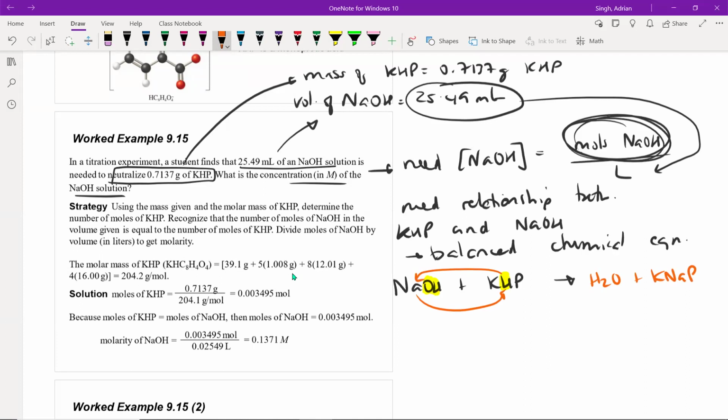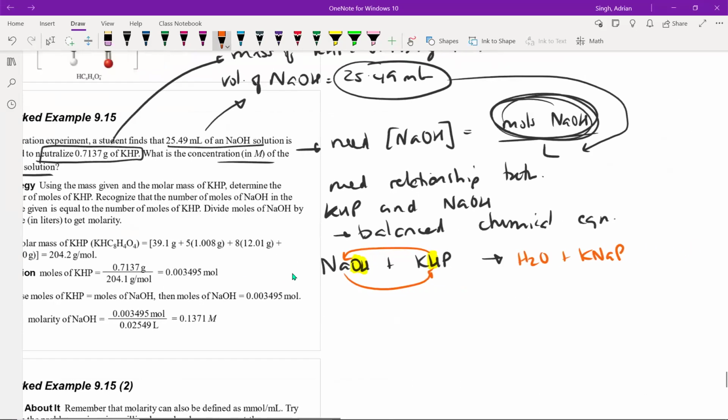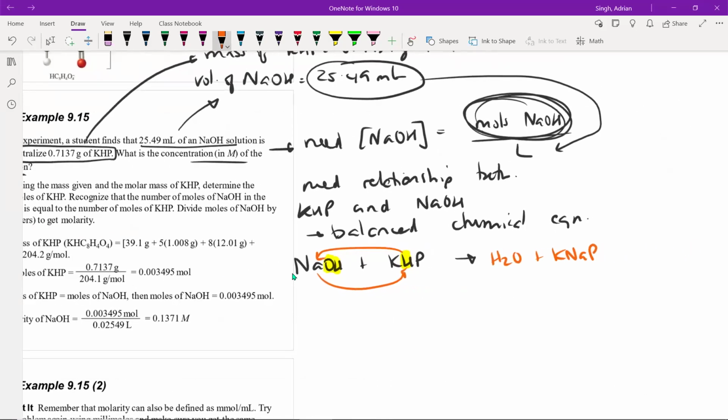Right, so we need to have our equation, and we need to make sure it's balanced. So this is going to be our salt and water. And this is already balanced. We don't need to balance it any further. So what we have from this is the relationship between these two things: when the equation is balanced, there's a 1-to-1 mole ratio.